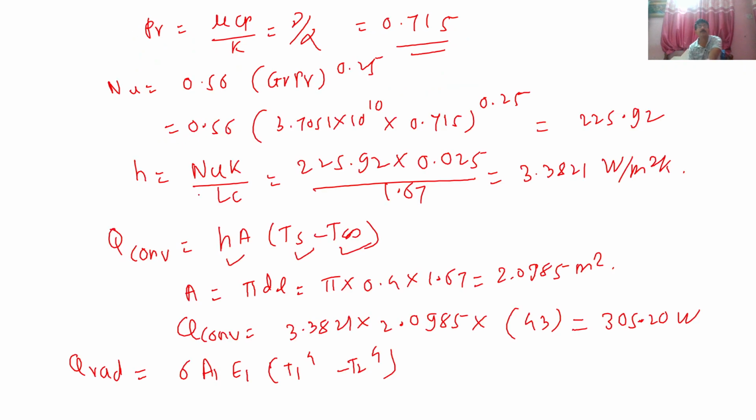So 37.3 plus 273 comes around 310.3 Kelvin. And T2 is given as minus 5.7 degrees Celsius plus 273, which comes around 267.3 Kelvin. And now you are okay to put it in Q radiation.